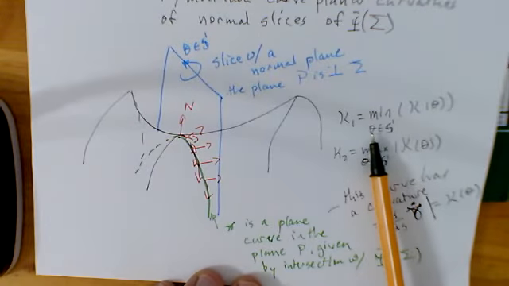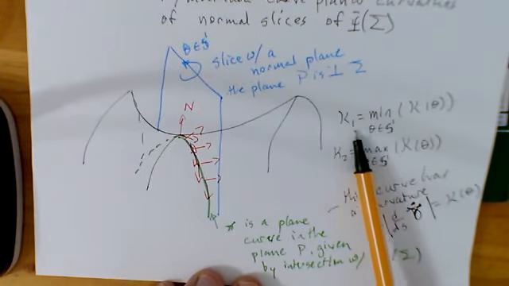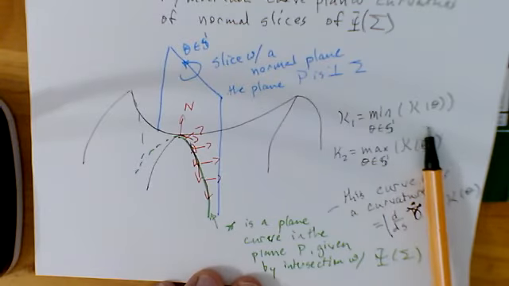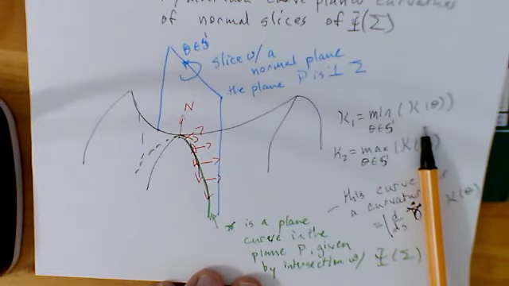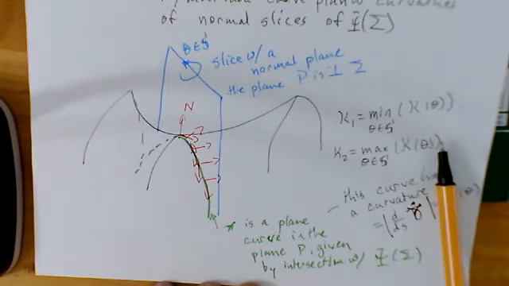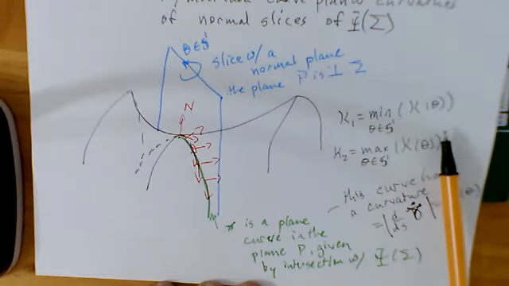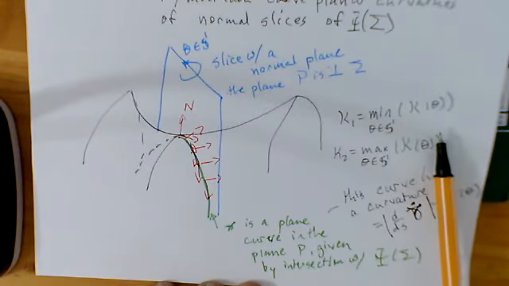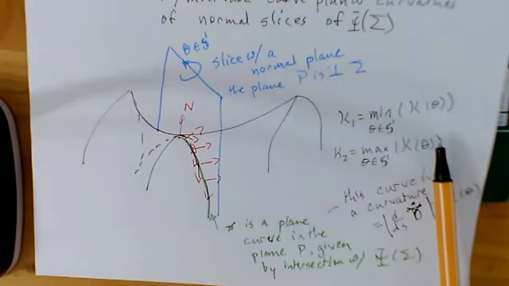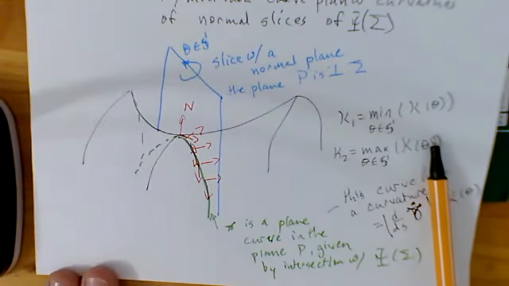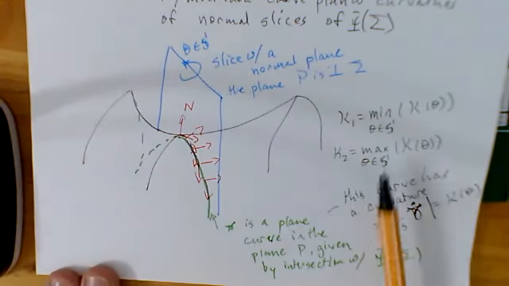So this kappa of theta is really the second fundamental form applied to a unit vector in a certain direction as a bilinear form.